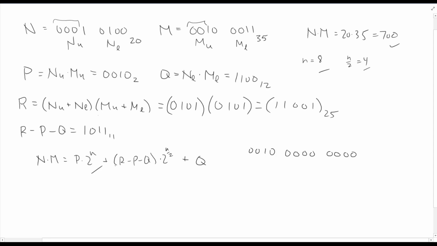Now my next value, my r minus p minus q, that was this one. Now I'm going to be careful here. This one shifted over by 4 zeros. So when I write this in place, it's 1, 0, 1, 1. Okay, finally, then I finish with my q. That's this one here.